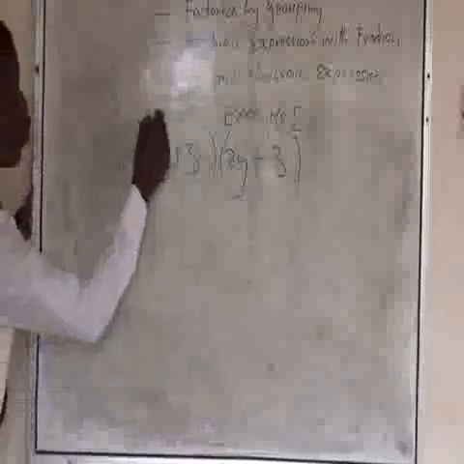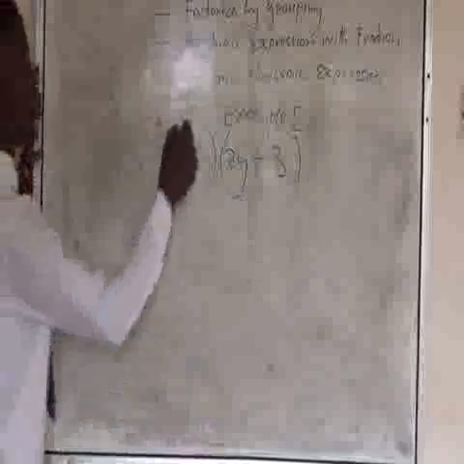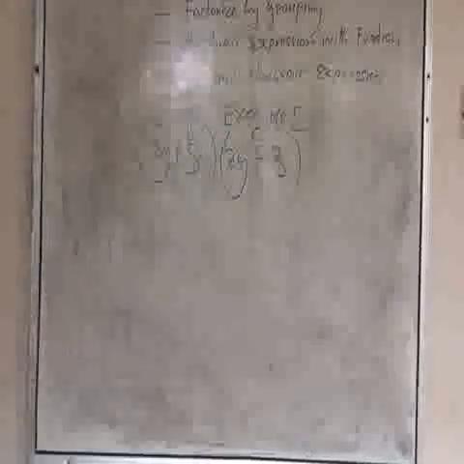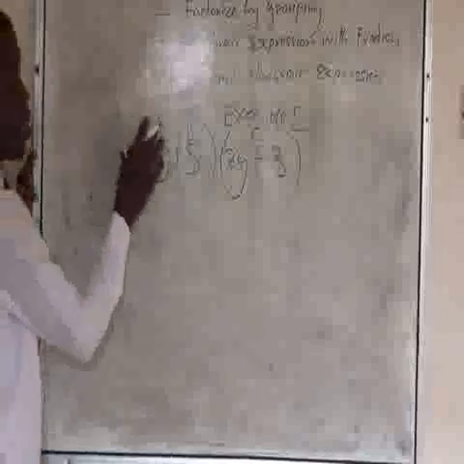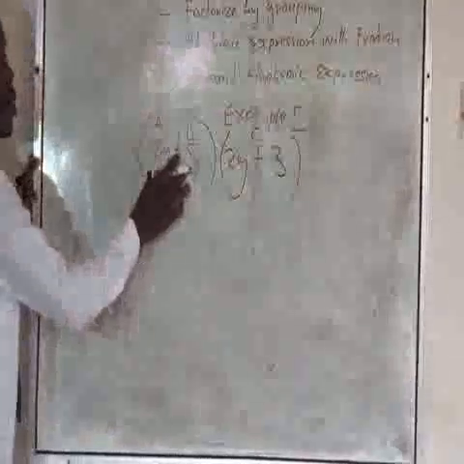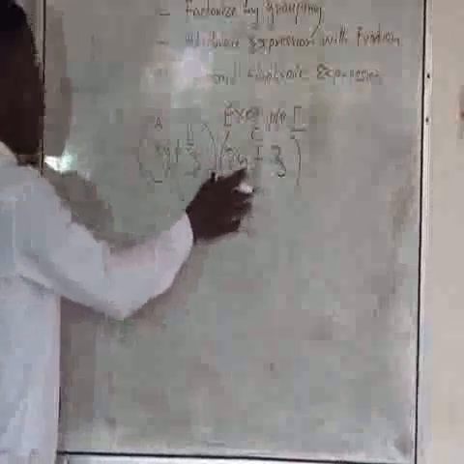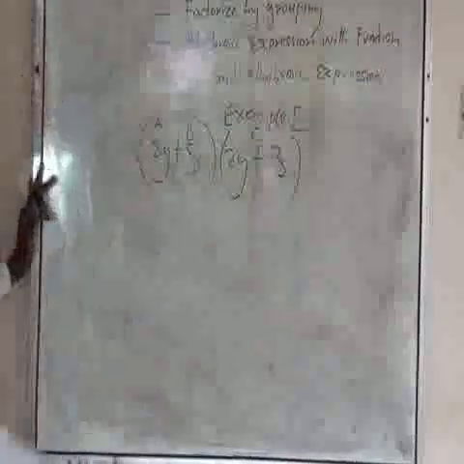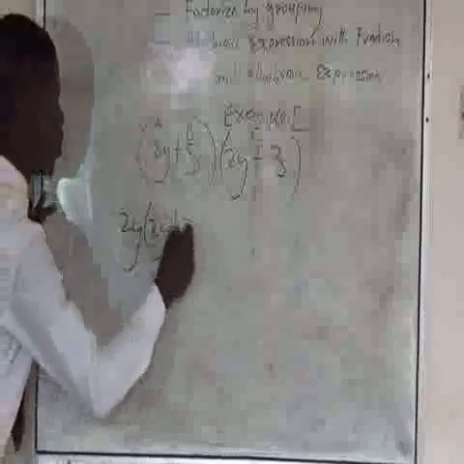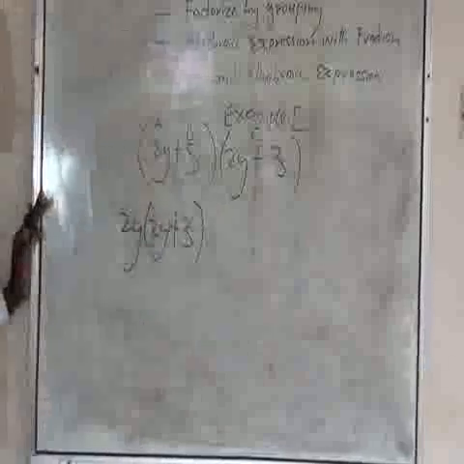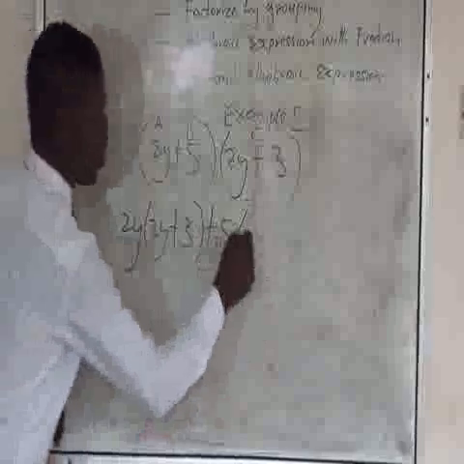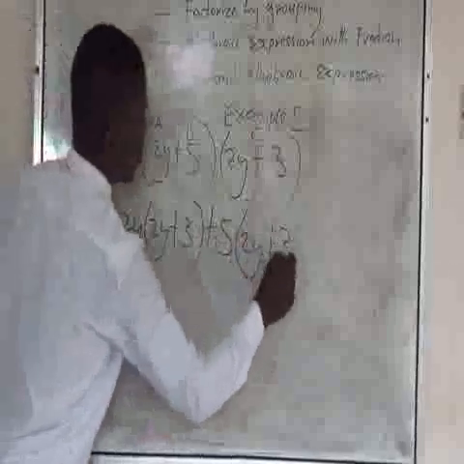Call this group A, call this group B, call this group C. What we are going to do now is use group A to multiply group C, and we also use group B to multiply group C. Let's start. 2y bracket 2y plus 3 bracket close, plus 5 bracket 2y plus 3.